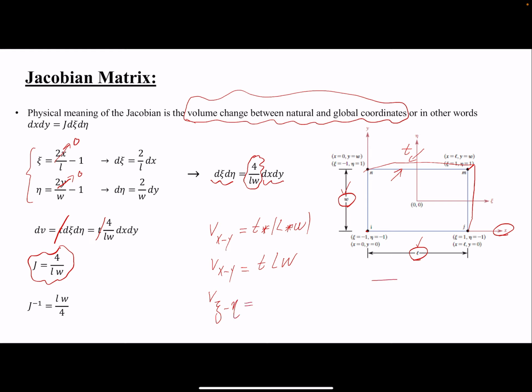This distance based on my local coordinate is 2, and this distance is also 2. So it's 2 times 2 times t. If I divide these two, this is 4t and this is TLW. So 4 over LW. That's what we got here. So the Jacobian is simply the change of the volume between one coordinate and the other.